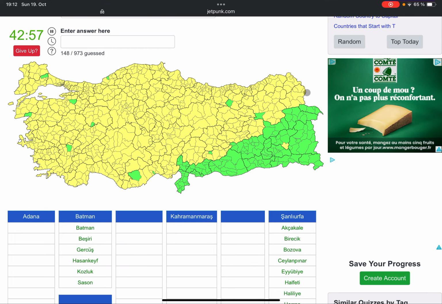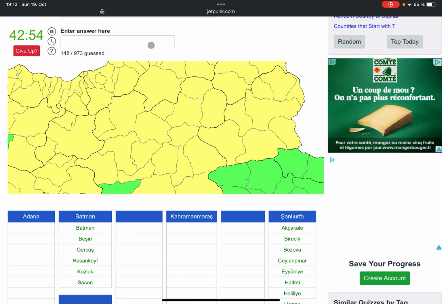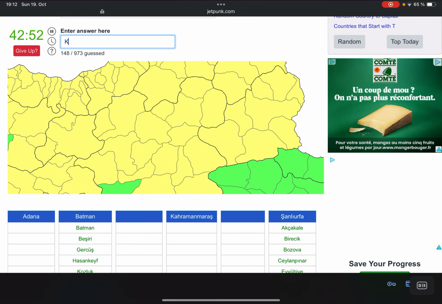Yeah, let's just go further north here with the province of Kars, and the capital also Kars. So we have Akyaka, Arpaçay, Susuz, Selim, Digor, Kağızman, and Sarıkamış.